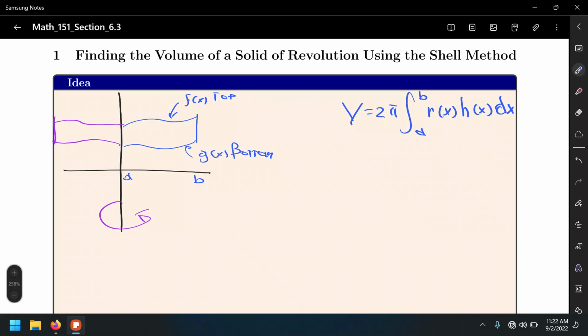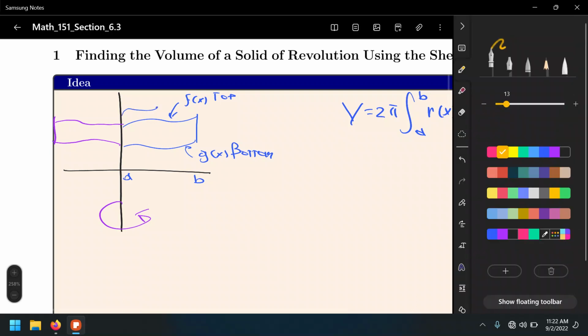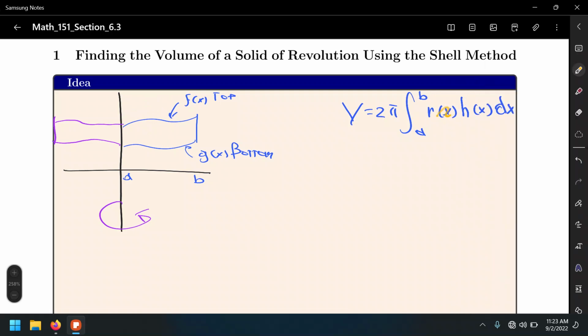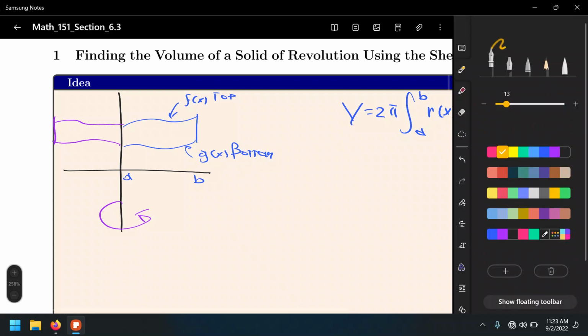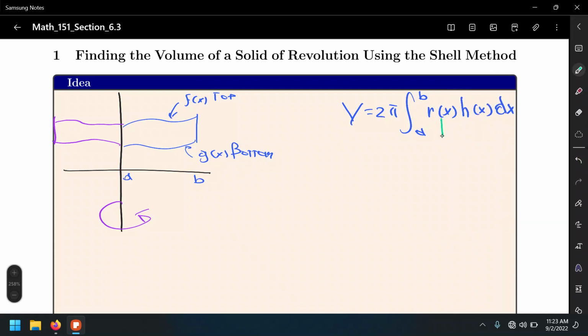Infinitely many. So let's just call this x. And that x will be in this color. This is the radius. So the radius of the candy will be given by the number of flavors on the lollipop.